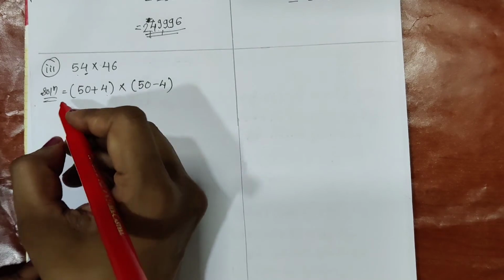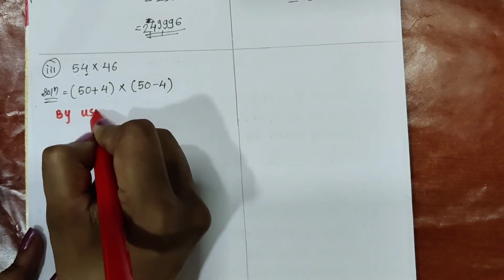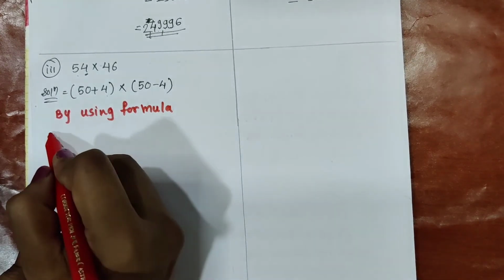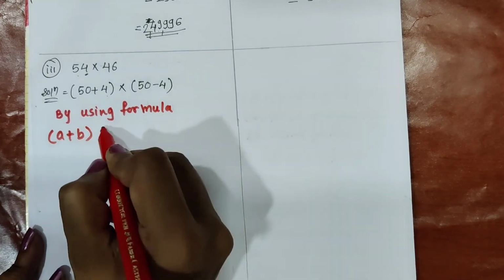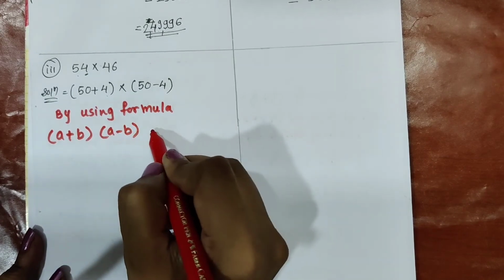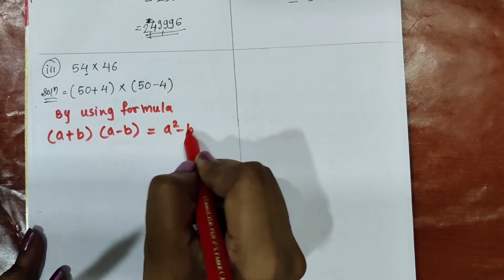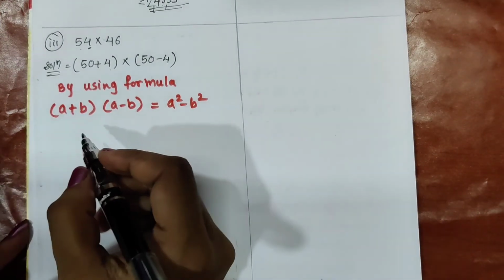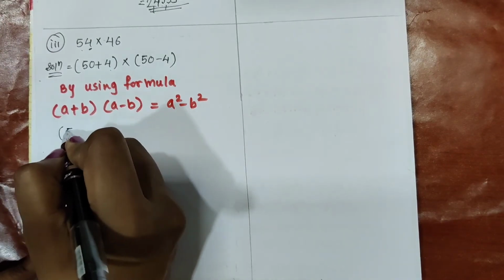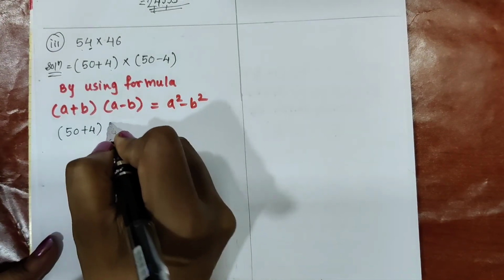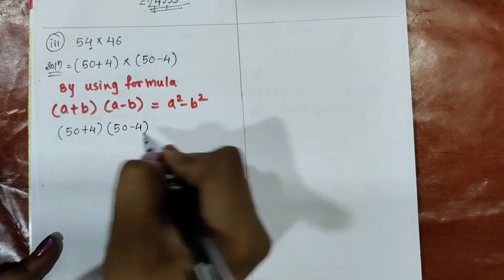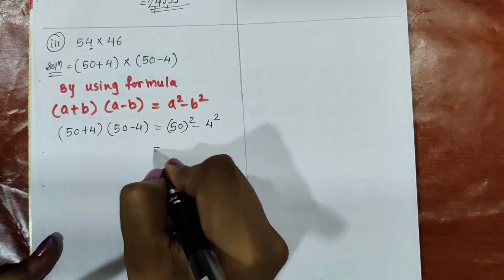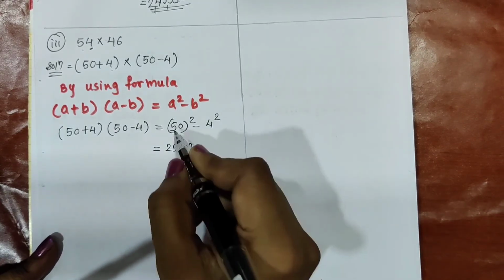Now we will be writing by using formula. Now use formula, write the formula first. (a plus b) in first bracket, (a minus b) in second bracket is equal to a square minus b square. So we will be writing 54 into 46 means what? (50 plus 4)(50 minus 4). So it is equal to 50 square minus 4 square. 50 square is 2500. 5 square is 25.